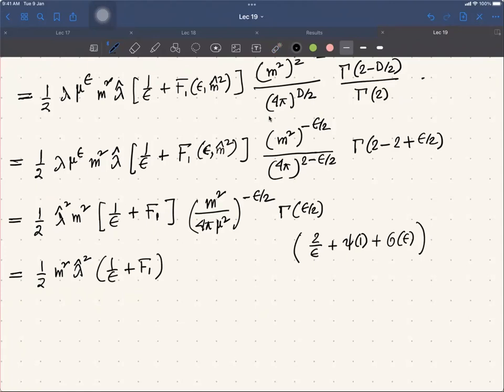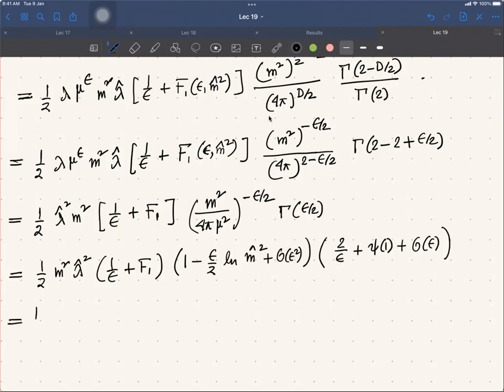So m hat square to the power minus epsilon by 2, which is e to the power minus epsilon by 2 log m hat square, and that can be expanded as 1 minus epsilon by 2 log m hat square, plus order epsilon square.